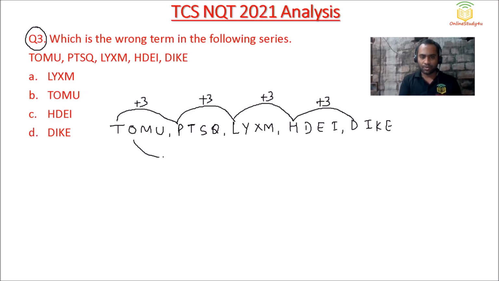Then O to T, so if you remember M N O, O P Q R S T, it is nothing but plus 5. Then if you see T to Y, T U V W X Y, so it is again plus 5. Then again Y to D, if you go back, Y Z A B C D, plus 5, and then D to I, D E F G H I, so again plus 5.